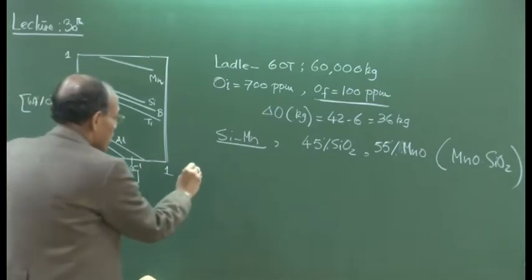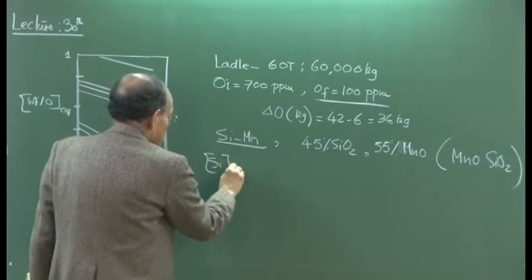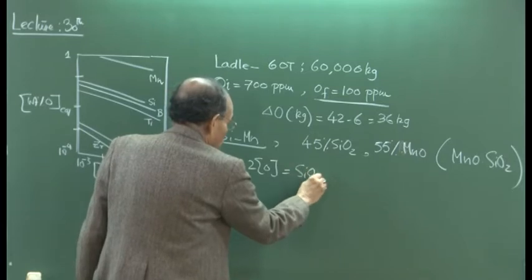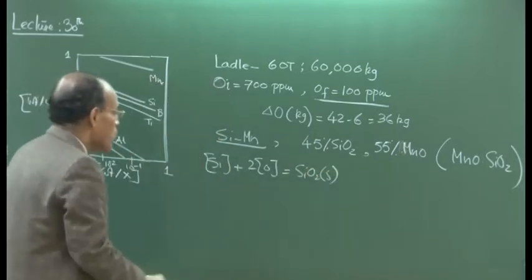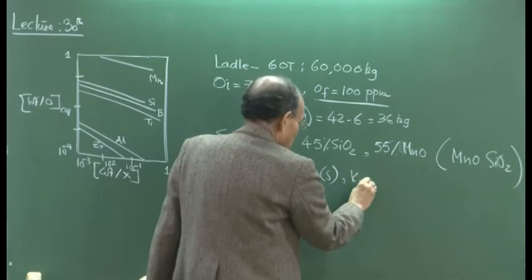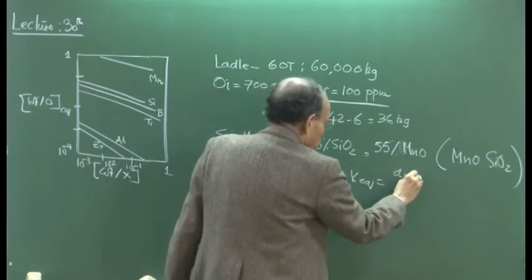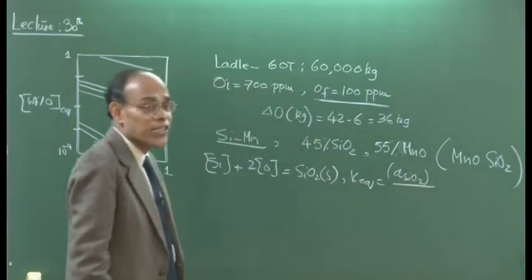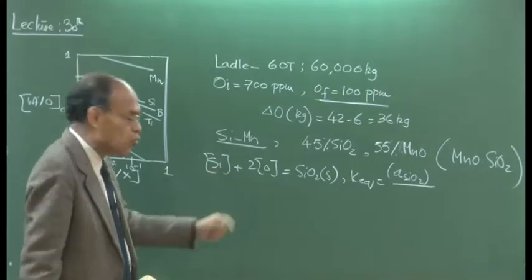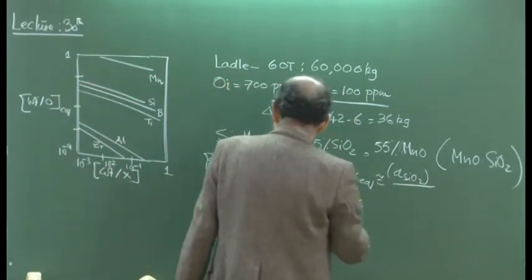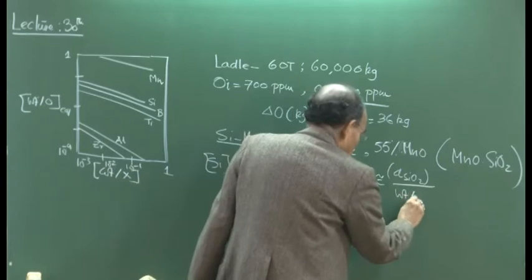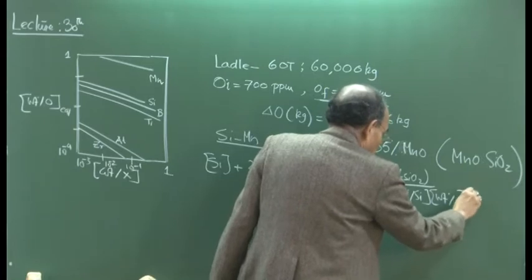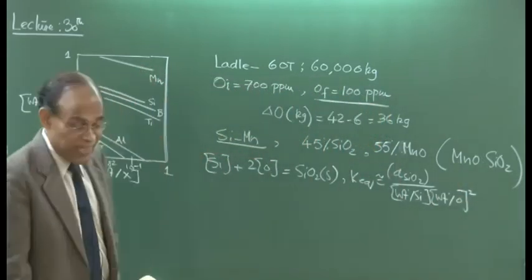Now, if you take the deoxidation reaction Si plus 2 oxygen giving you SiO2 solid, the deoxidation product, you have K equilibrium equal to the activity of SiO2 over, as they are dilute solutions, a reasonably good approximation is weight percent Si and weight percent oxygen squared, in 1 weight percent standard state.